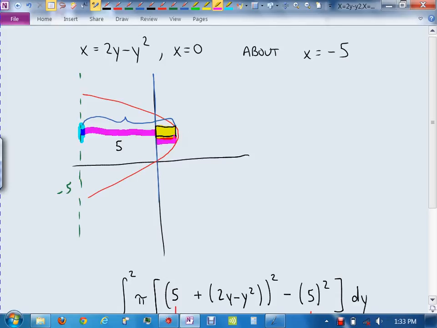So the width of that rectangle is the height of that function, which is the 2y minus the y squared. So that other little piece right here is the 2y minus the y squared. So that whole distance is the 5 plus the 2y minus the y squared.